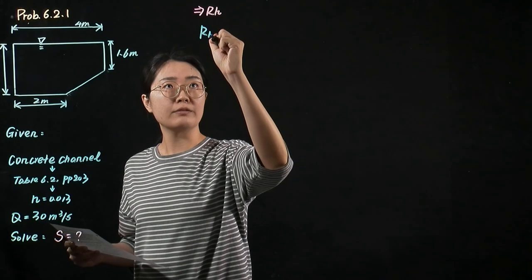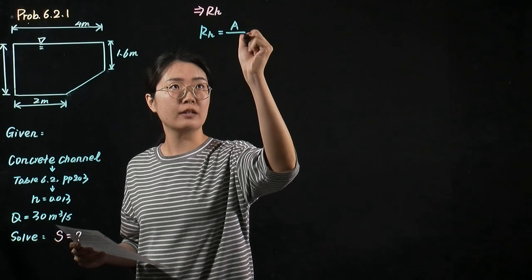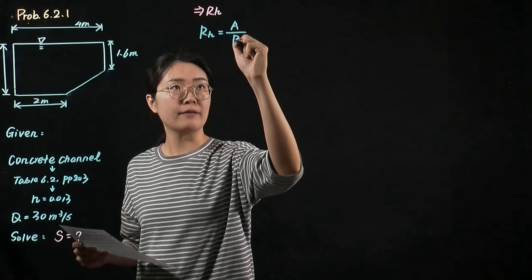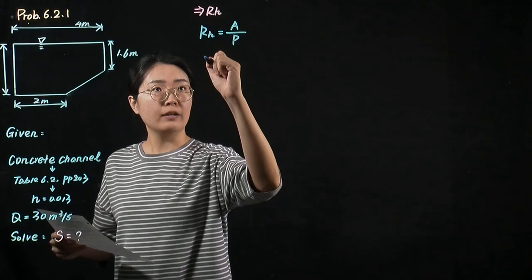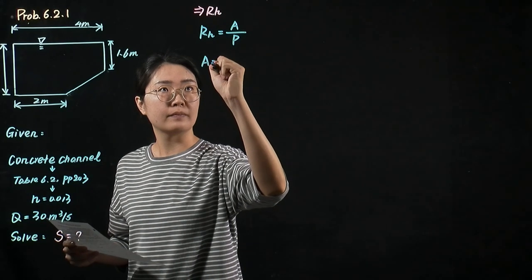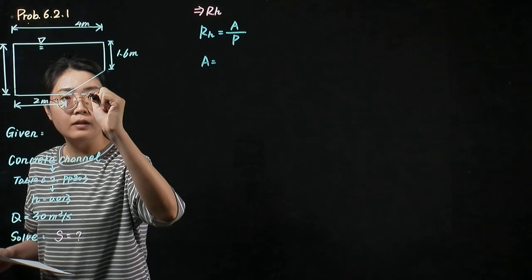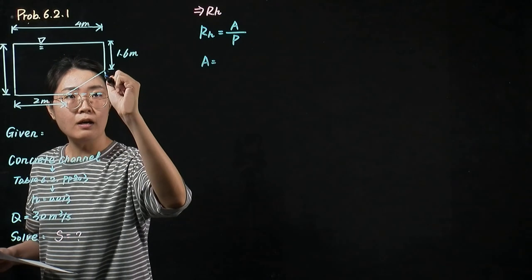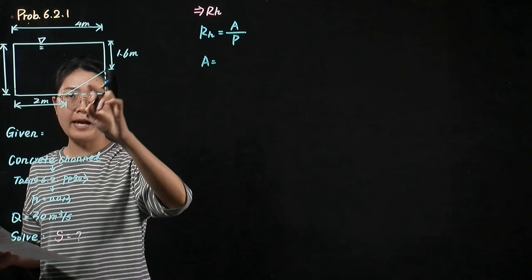The hydraulic radius equals the cross-sectional area divided by the wetted perimeter. The area equals the area of the rectangle minus the area of the small triangle.